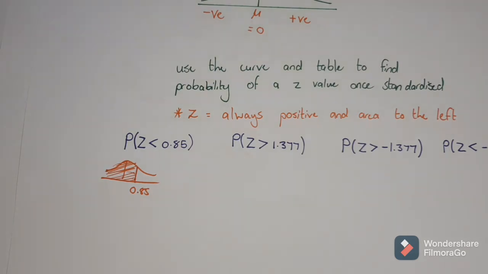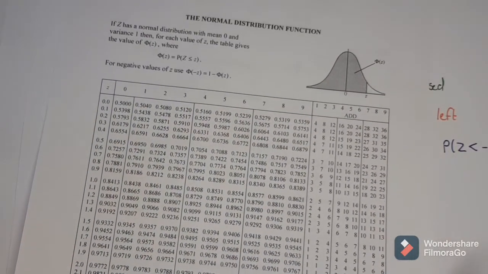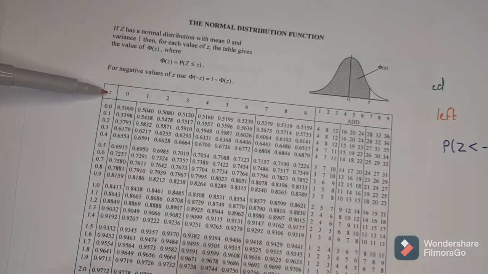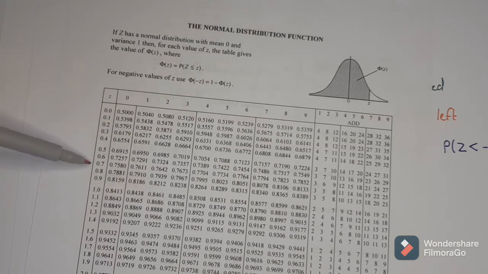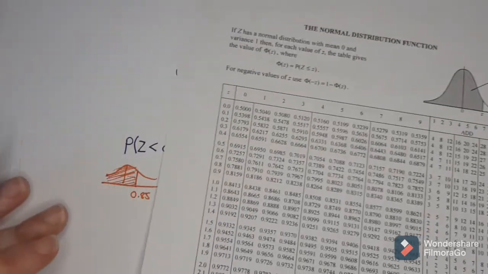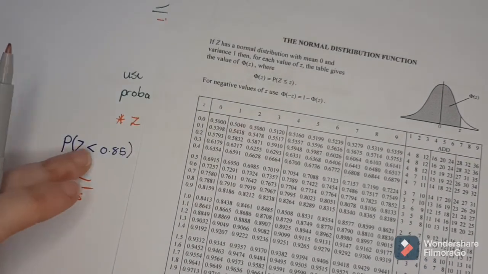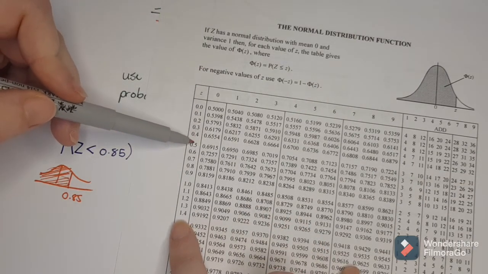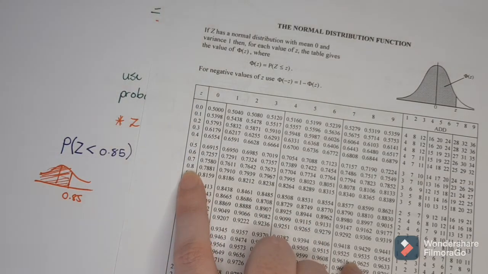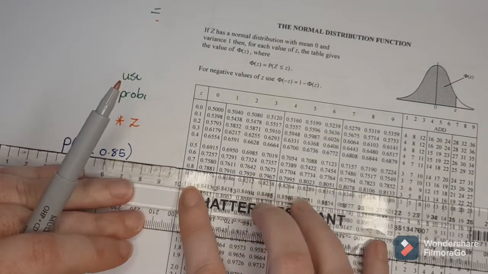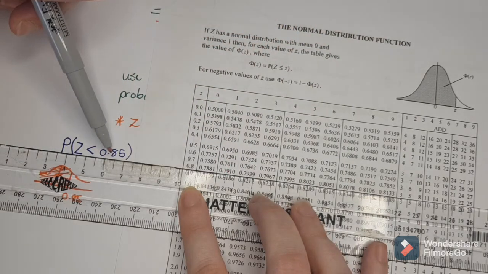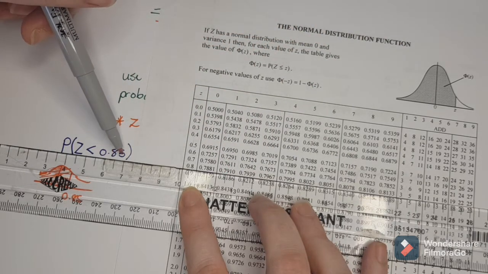So now I have a table that looks like this, and it's got Z values on it. So the first thing I do is I look for my value in the first column going down for the first two numbers. So my first two numbers are 0.8. So I look down that Z and I find 0.8. Okay, so I look at this line of that 0.8. And then I look for my next number. So the next number is 5.